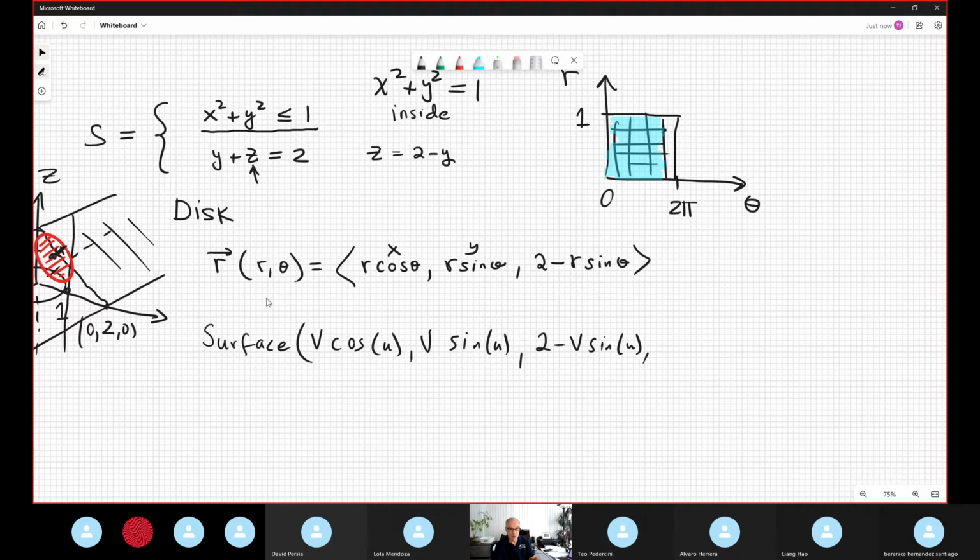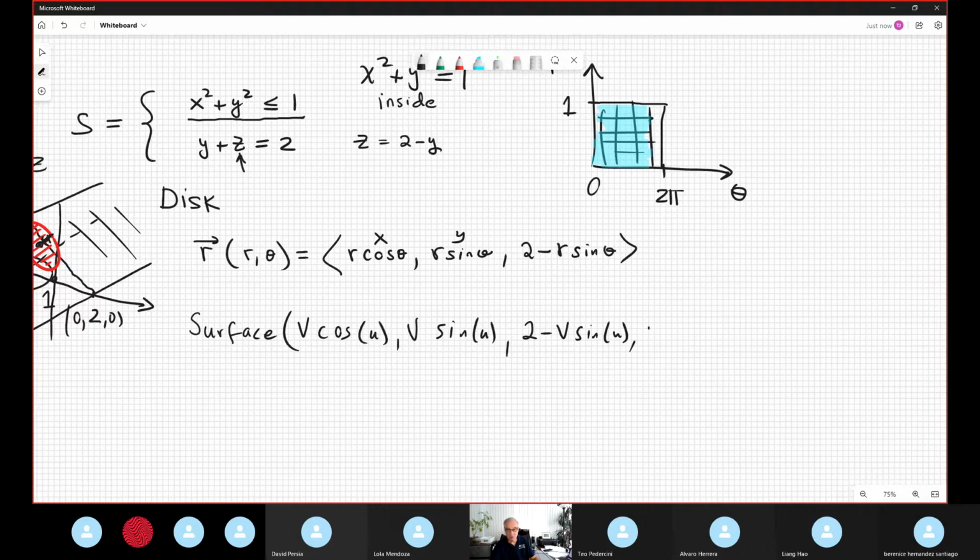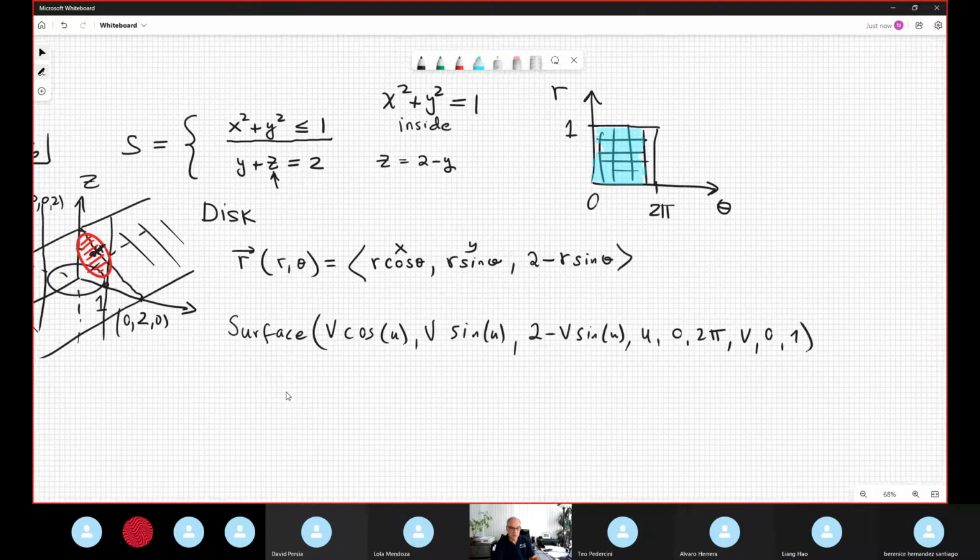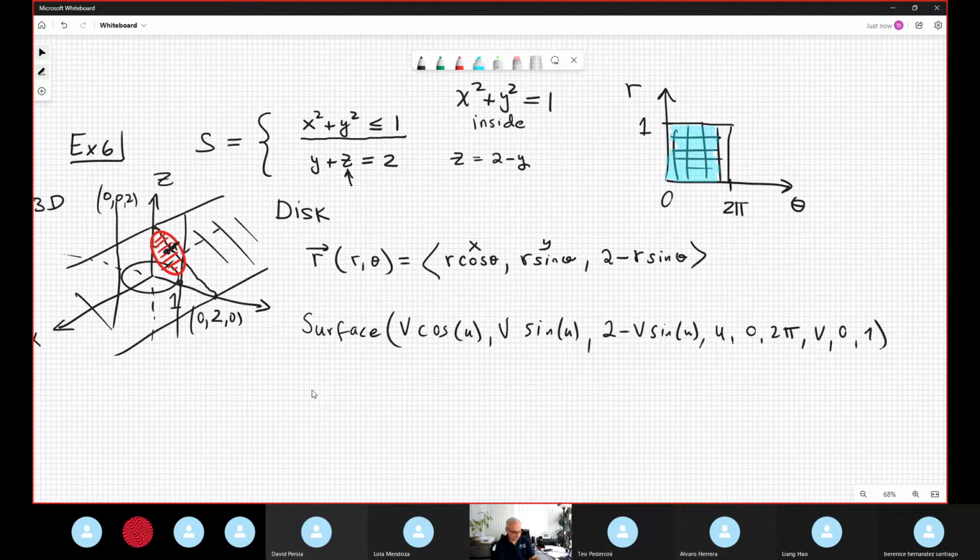For example, the order is not important. u varies from 0 to pi, and b varies from 0 to 1. Okay, and when you press enter, you see our famous disk, the elliptical disk.